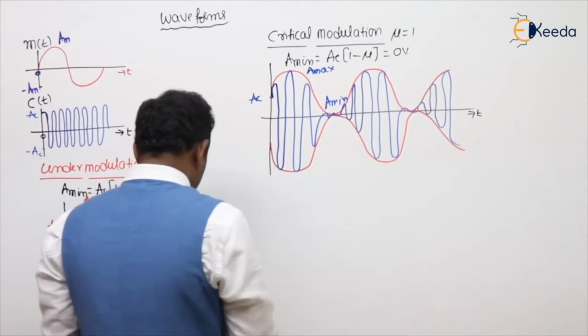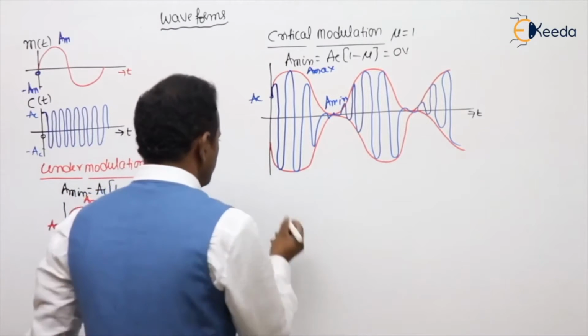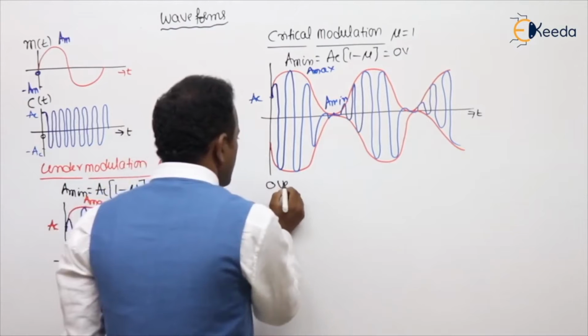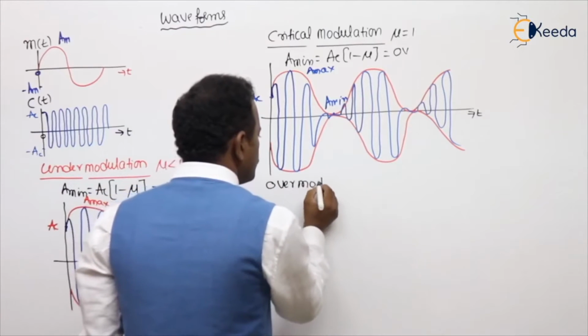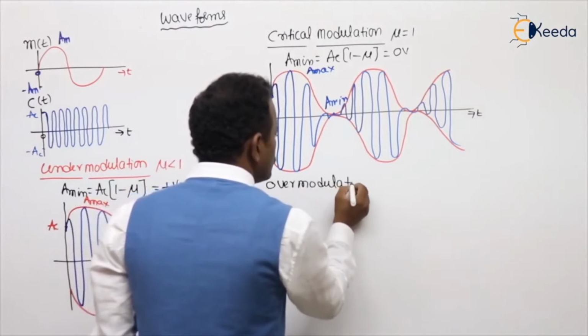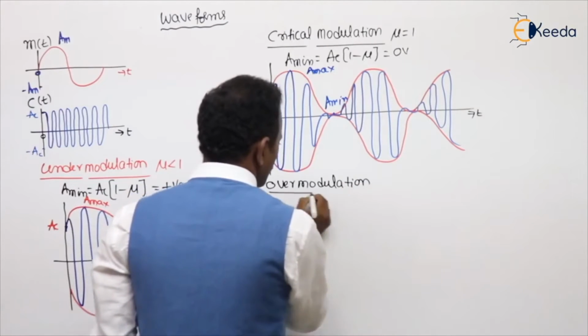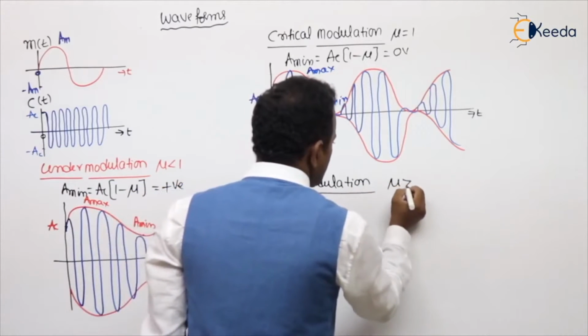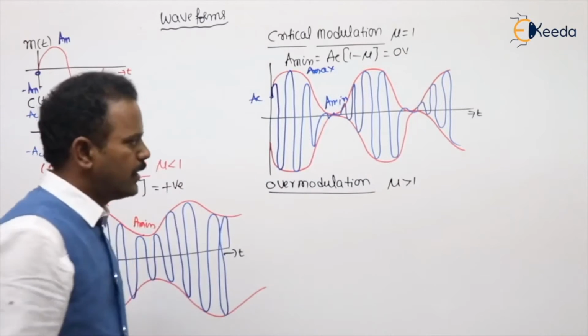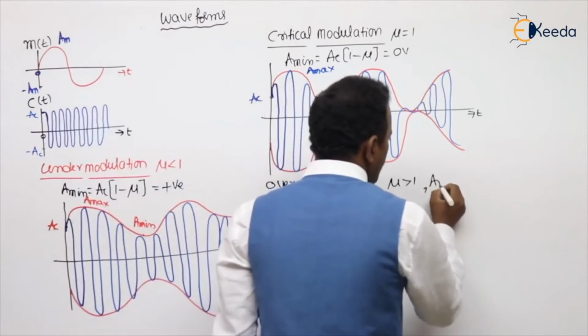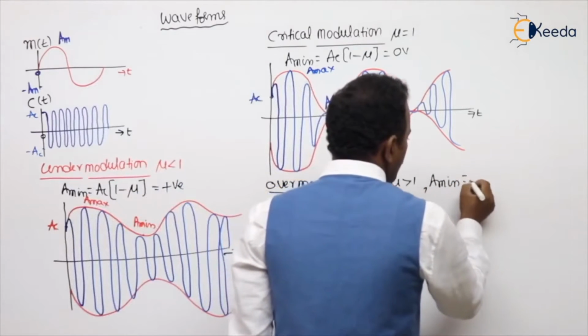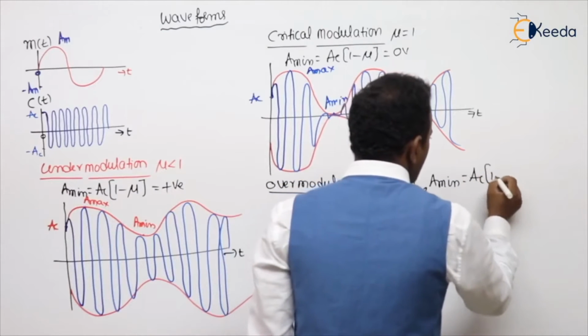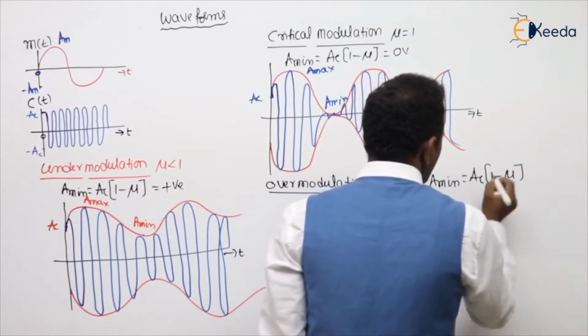Last case, we are writing for over modulation. Over modulation means mu value greater than 1. Then what about the A minimum value? A minimum value is, students, AC into 1 minus mu.